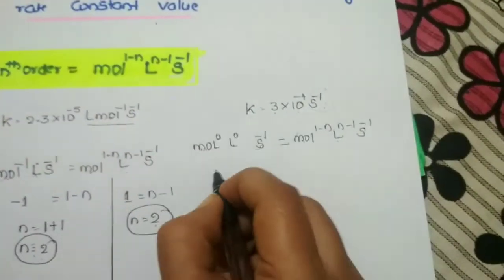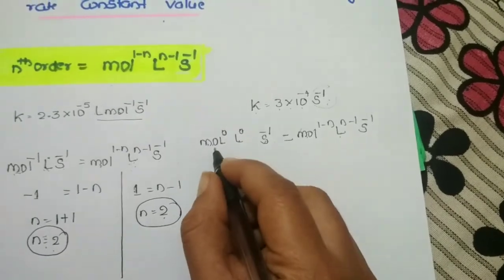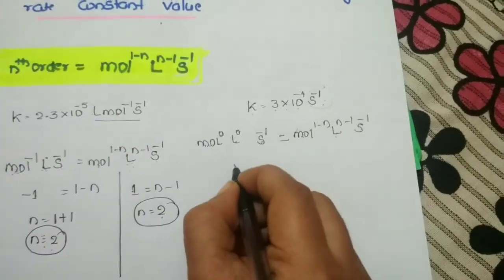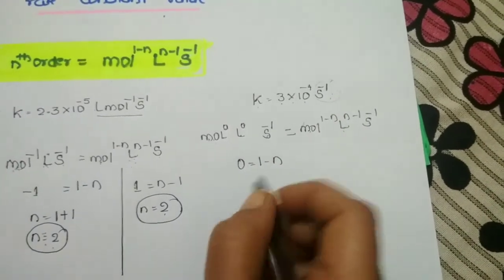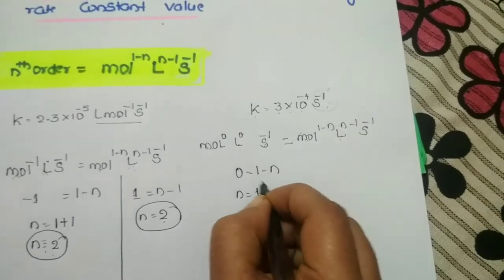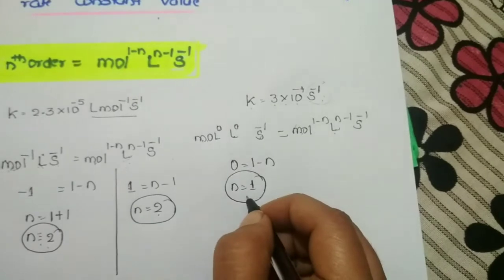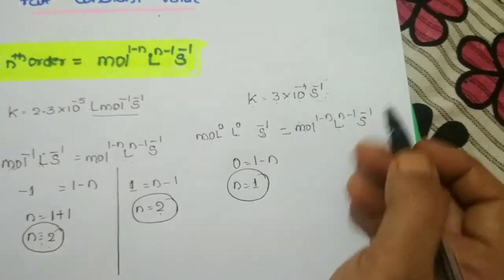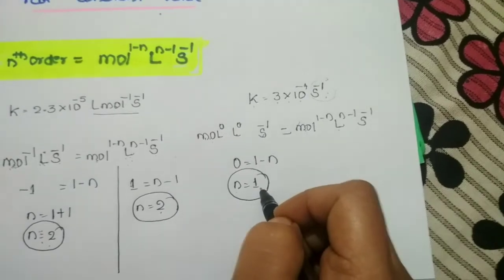Now the same method: equate the mole powers, 0 equal to 1 minus n. I am equating the powers. Now n equals 1. What is the order of the reaction, dear students? It is 1, so it is a first order reaction. n is the order of a reaction, and 1 is the value, so it is first order.